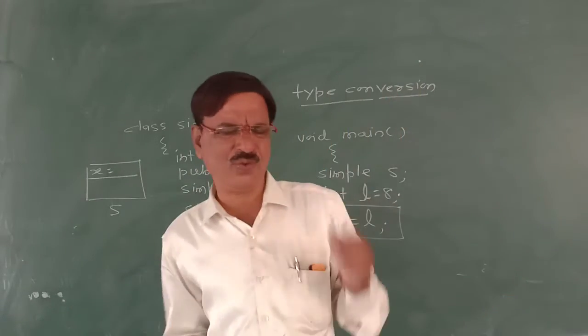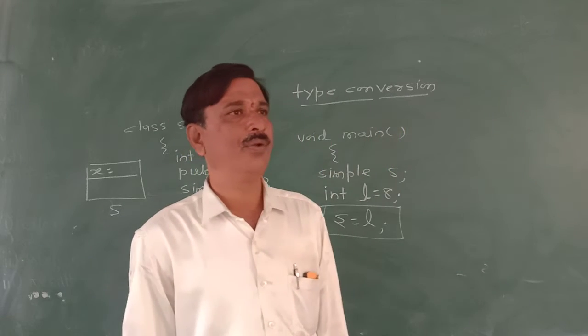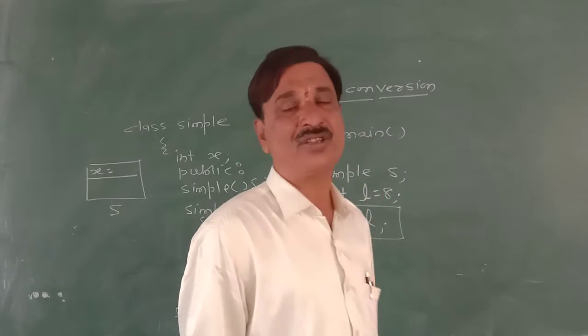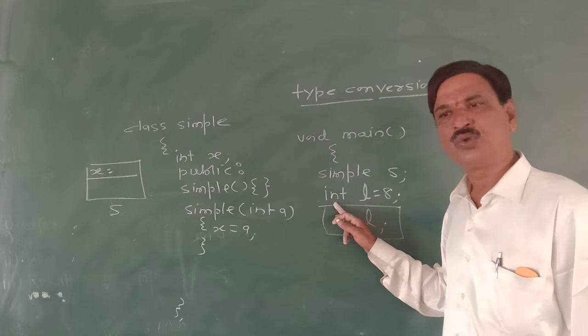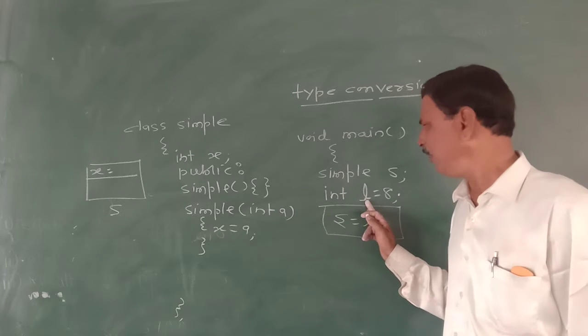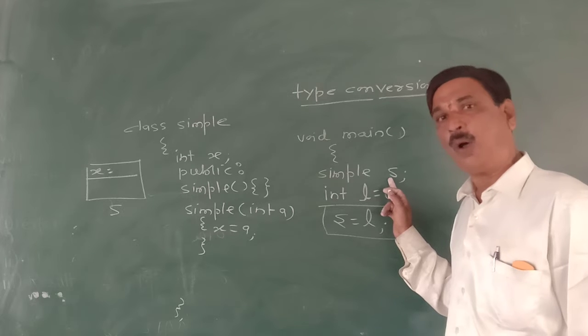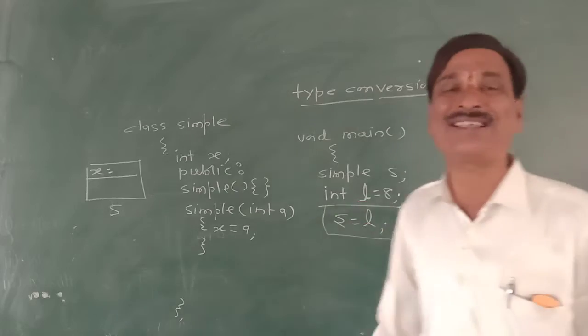Thus, every object is a variable, but every variable is not an object. Here L is a variable, but it belongs to int, so it is called an int variable, but S is called an object, because it is a variable belonging to class type.